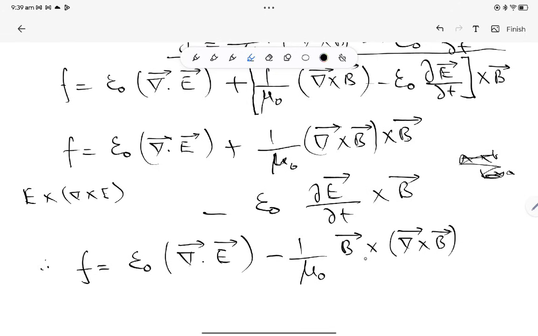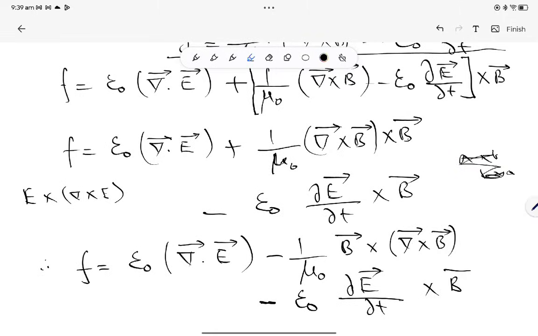So I have brought it in a form where its value is known to me. I will later use that value, and I now have minus epsilon naught del E by del T cross B.